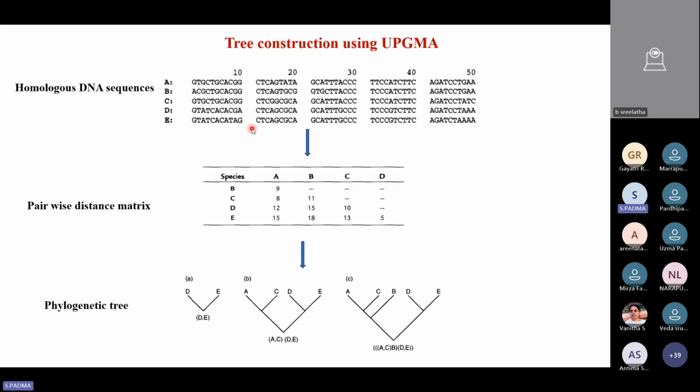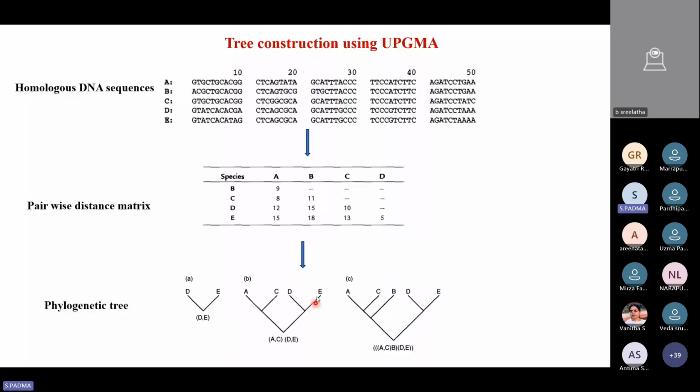Similarly, there may be some other positions, you can see one more change here, 3 and 4 here. So between D and E, there are only 5 bases different. This is the least one, so we are grouping D and E as one set.